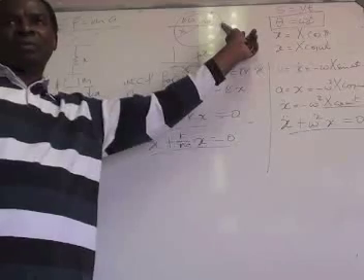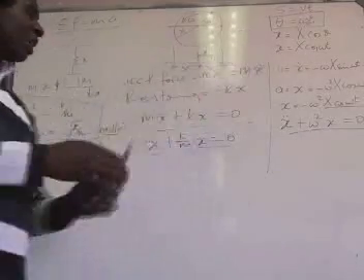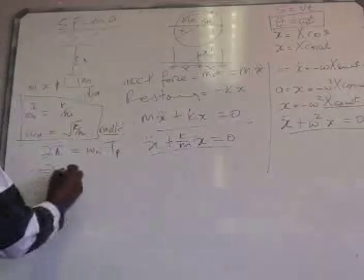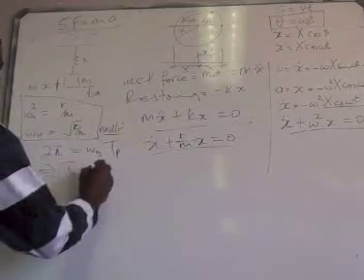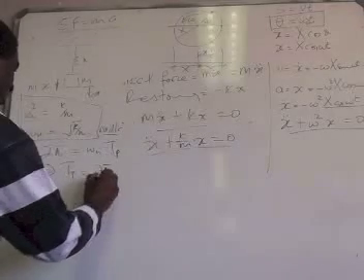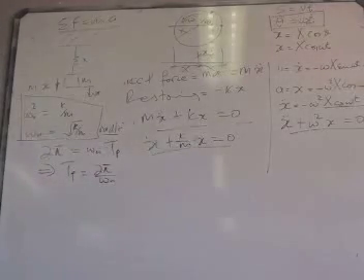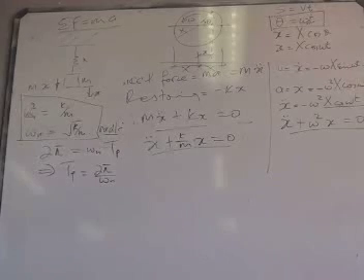What is that time? Period, isn't it? Therefore, we can now find Tp as 2 pi over omega n. Are we together?